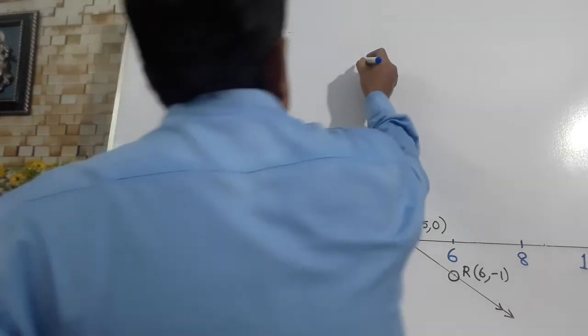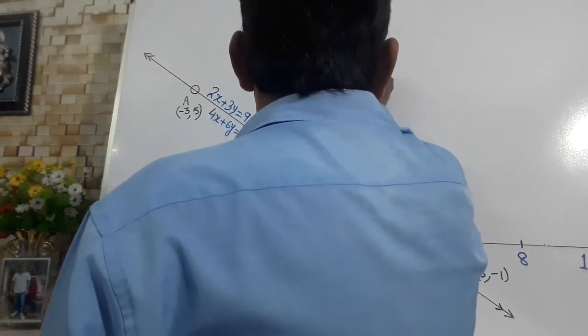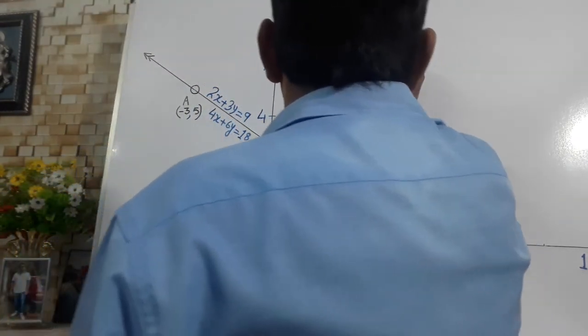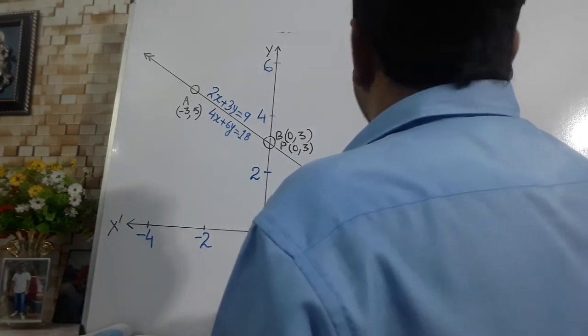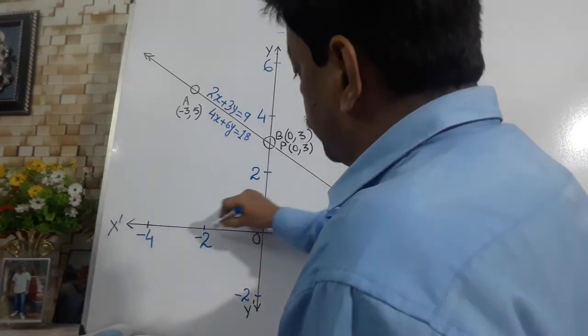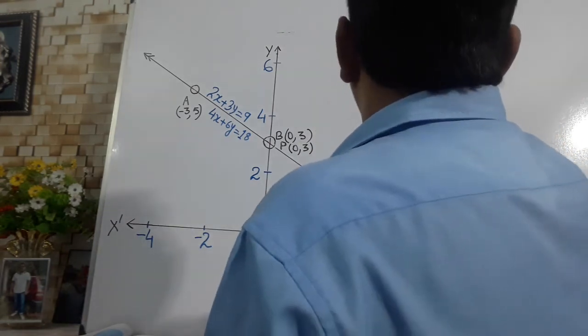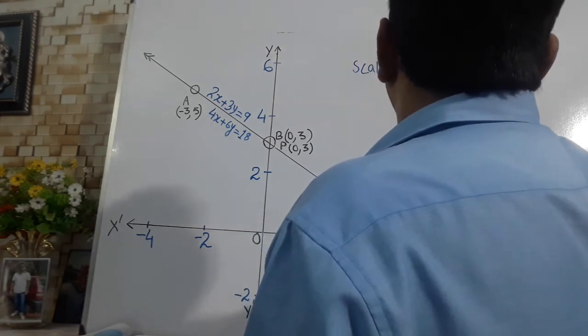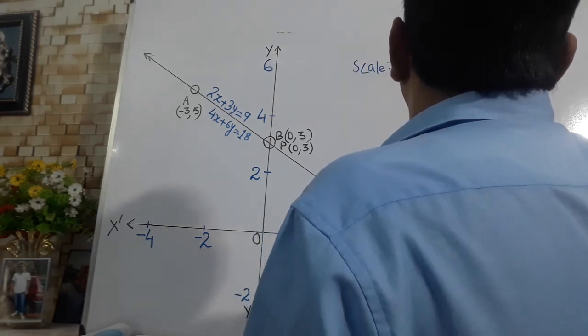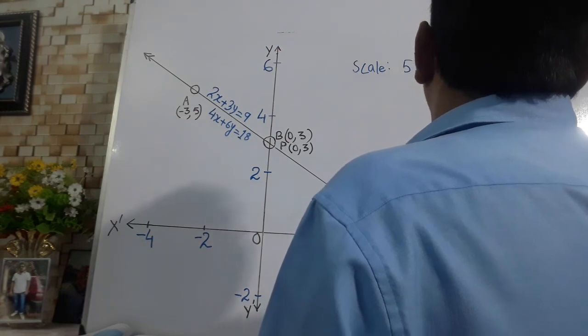Here I have taken the scale as same as the previous one, that is 10 small division equals to 2 units, that is 5 small divisions equals to 1 unit.